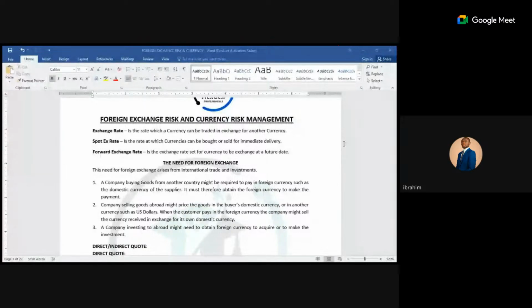There is a formula for calculating when you want to determine the forward exchange rate. This forward exchange rate will be useful when you are embarking on a project for 4 years. This project is for 4 years, and it is in dollars. You have to convert it to Nigerian currency.